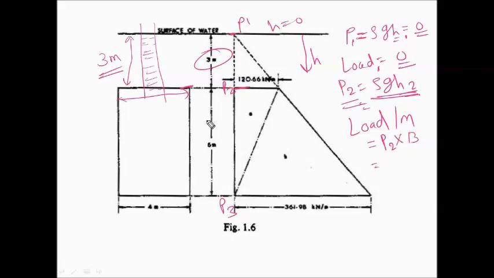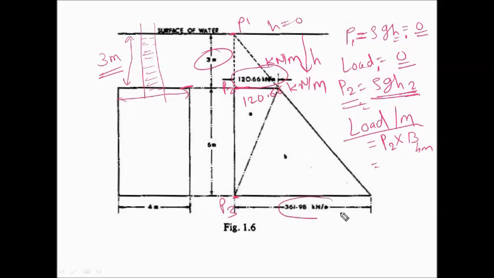The width remains the same from top to bottom, that will be 4 meter. So you will get the load per unit depth at this location, that we got here, 120.66 kilonewton per meter.